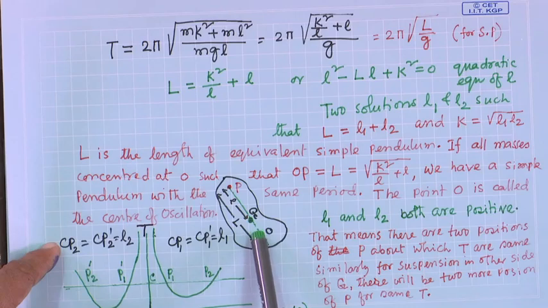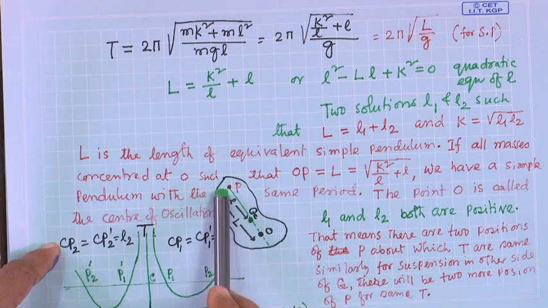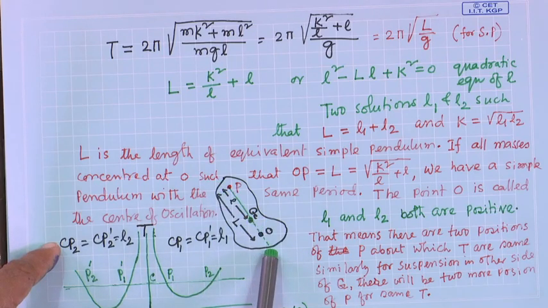So with respect to the center of mass, 2 points on the left side and 2 points on the right side, these 4 points will have the same time period.